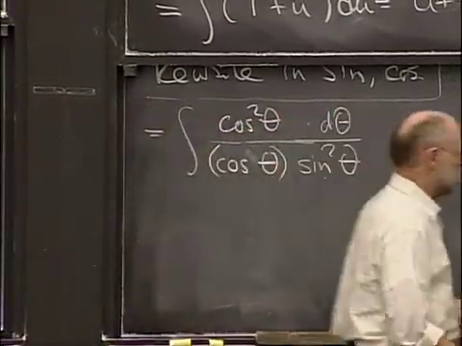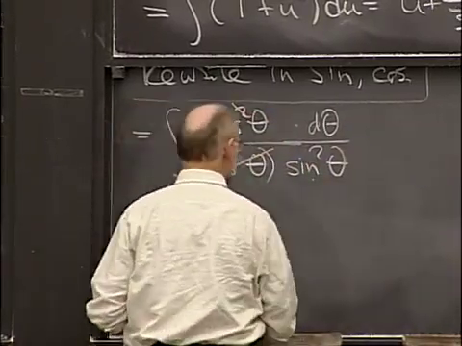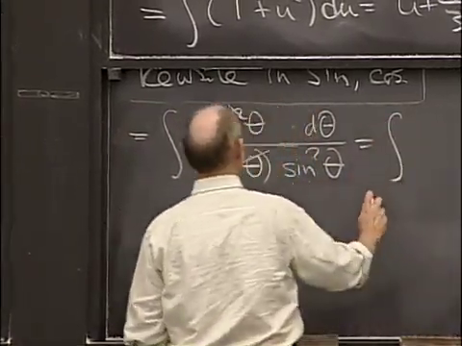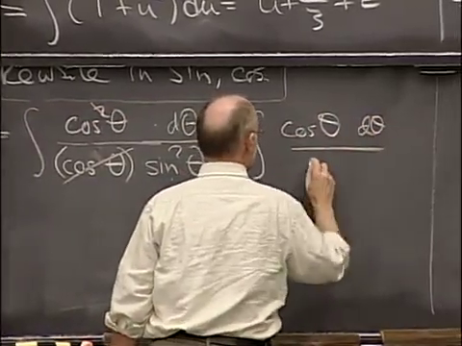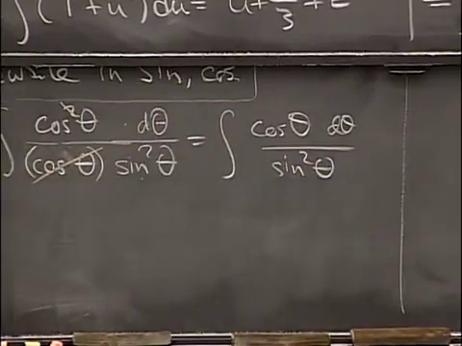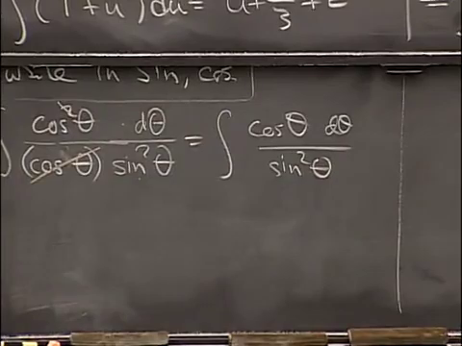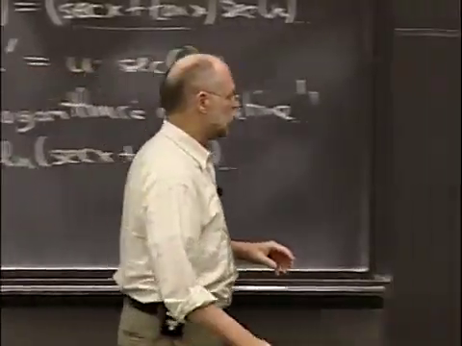So now the square here cancels with this cosine, and I'm left with cosine theta d theta divided by sine squared theta. That's a little simpler, and it puts me in a position to use the same idea I just used.